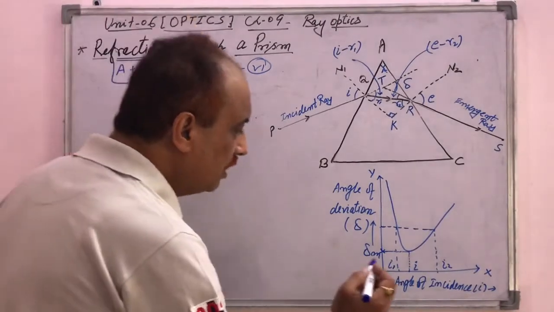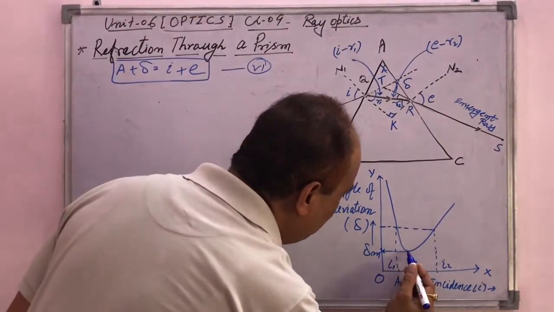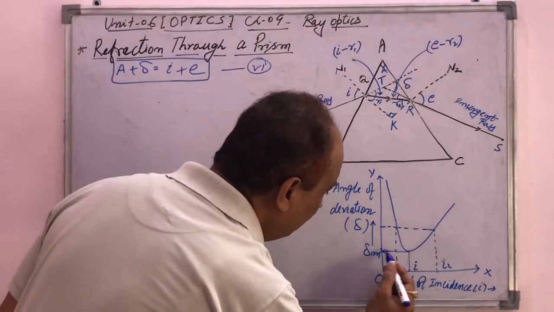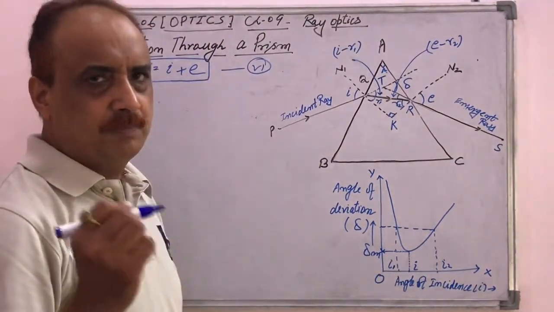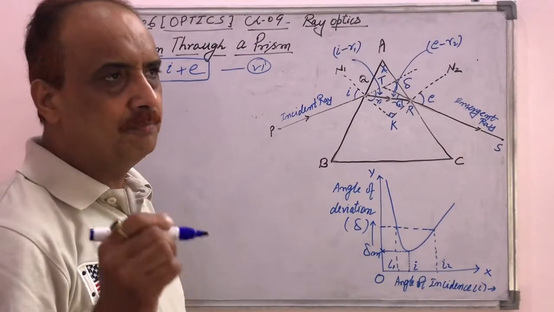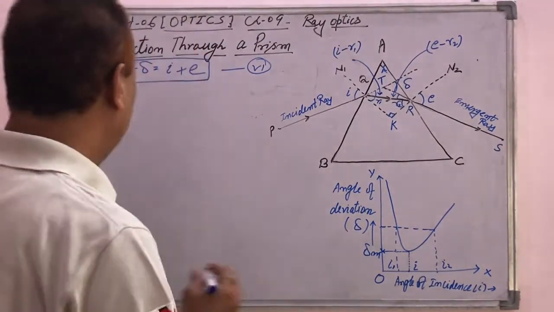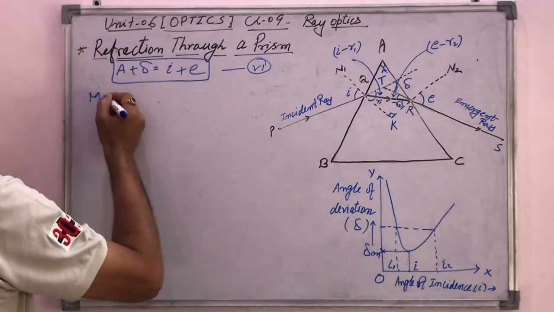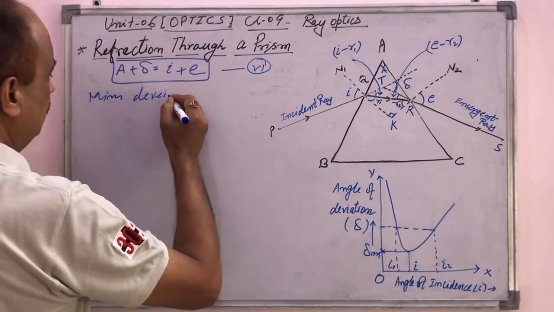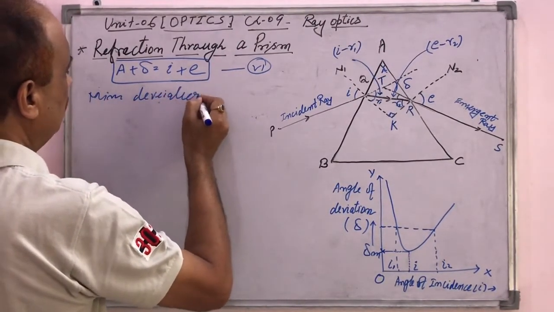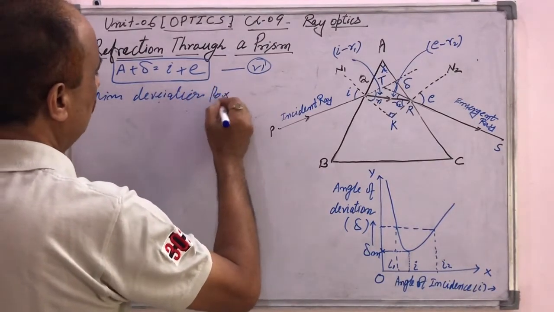So at a particular angle of incidence, the angle of deviation is minimum, and in that situation the prism will be in the condition of minimum deviation position.